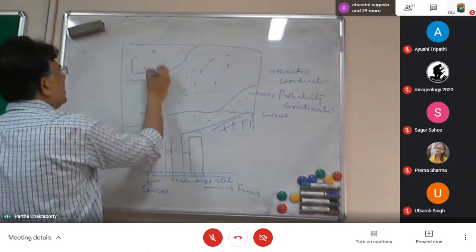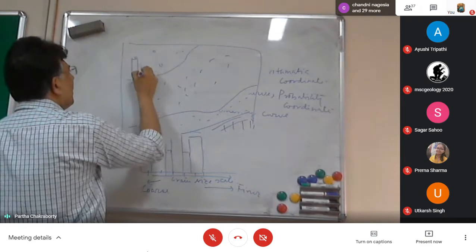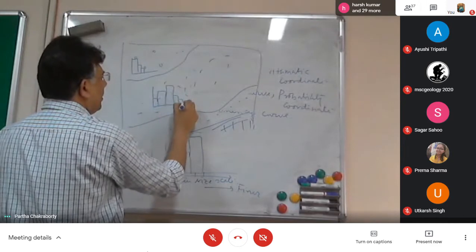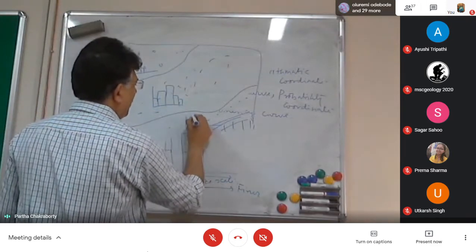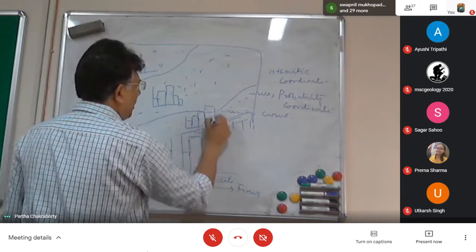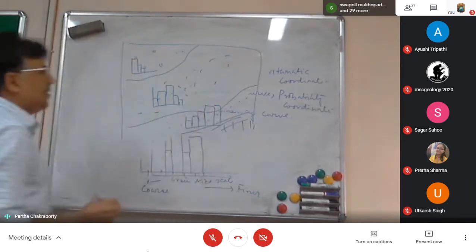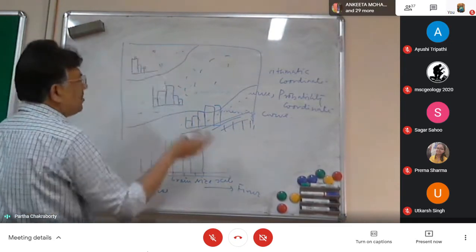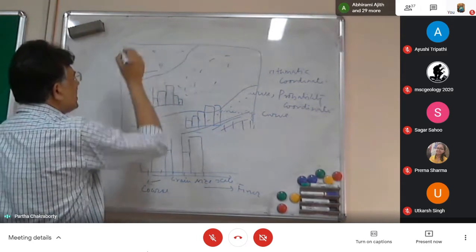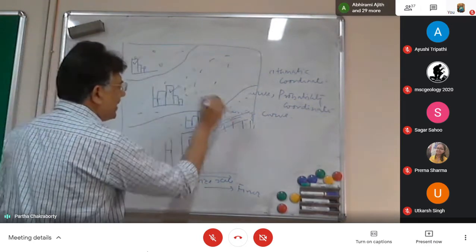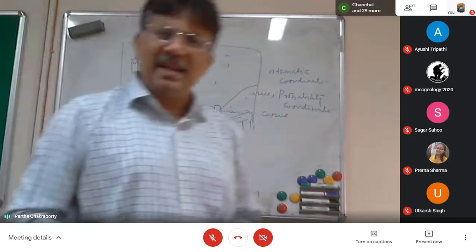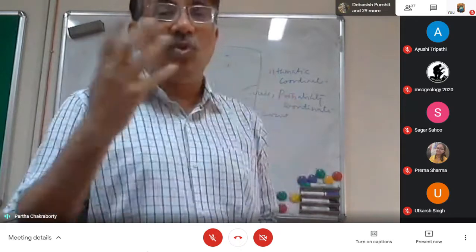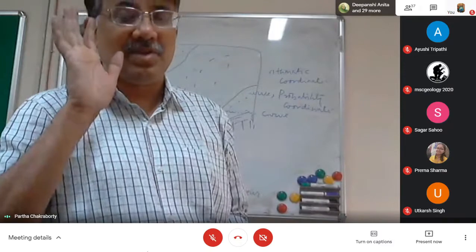So I put the histogram of the different size domains, and then anybody can easily see, oh, here the coarser grain is dominant, here the middle size is dominant, here the finer size is dominant. So it is a very pictorial kind of idea, but no one can say exactly what the mean or median is, what size actually. It is very difficult to say.